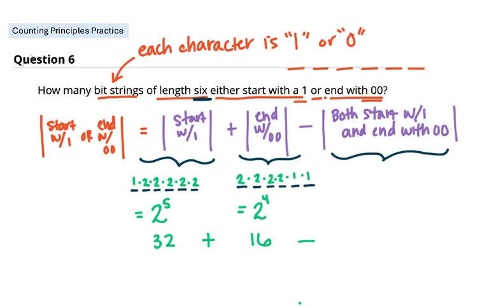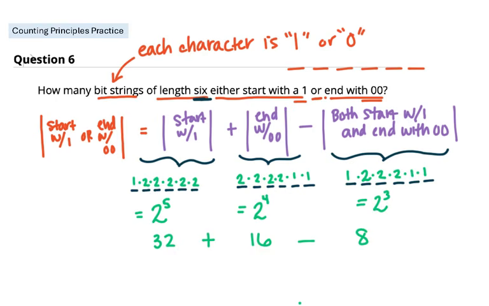So if it starts with a 1, 1, 2, 3, 4, 5, 6. If it starts with a 1 and ends with 00, it means for those spaces we don't have any choice at all. The only thing we have choices for are these middle spaces. Okay, so if I multiply all that together, that's 2 to the 3rd power, which is 8.